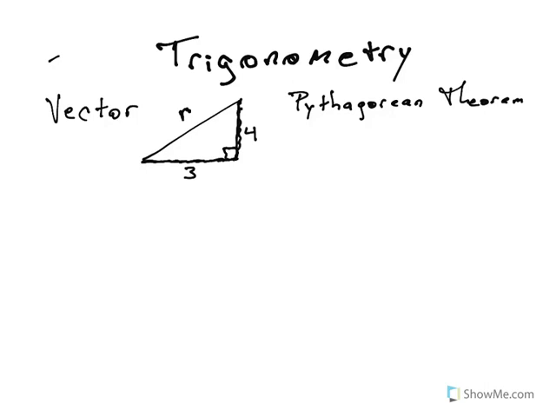Well, first of all, there's a special name for that side of the triangle. This side, R, is the side which is opposite to the 90-degree angle. Because of that, it must be the longest side of my triangle, because the 90-degree angle is the biggest angle of the triangle. So that side has a special name. It's called the hypotenuse.